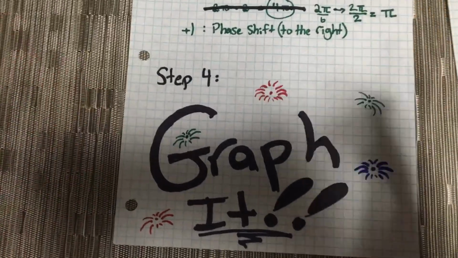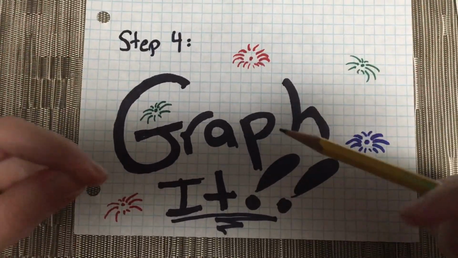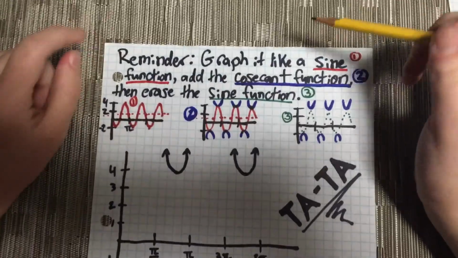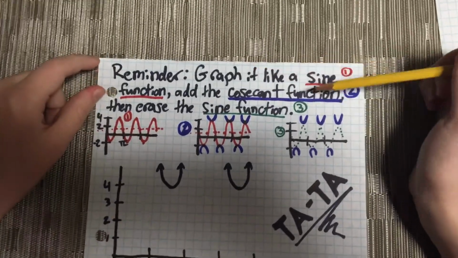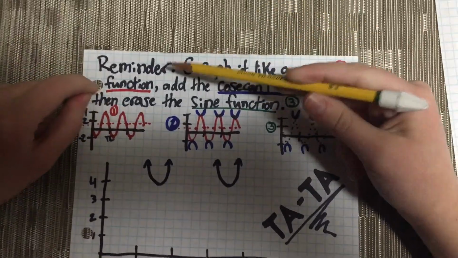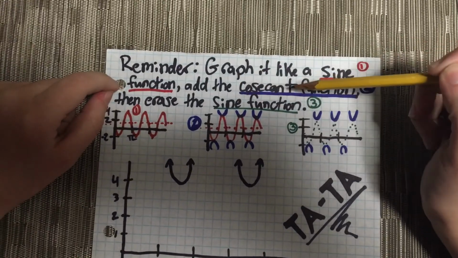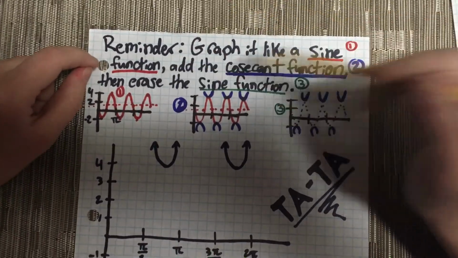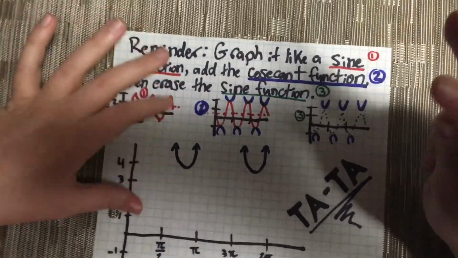Step 4, we finally get to graph it. That's what y'all are here for. Yay! Okay. Quick reminder, we graph it like a sine function, then we add the cosecant function, and then erase the sine function. So 3 steps in the graphing process.